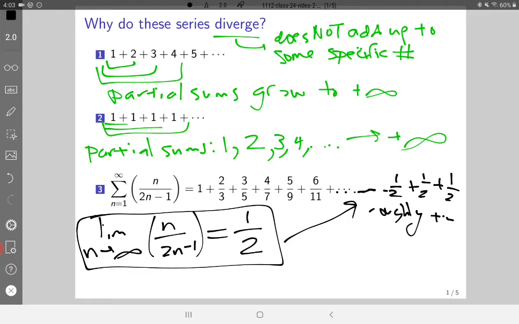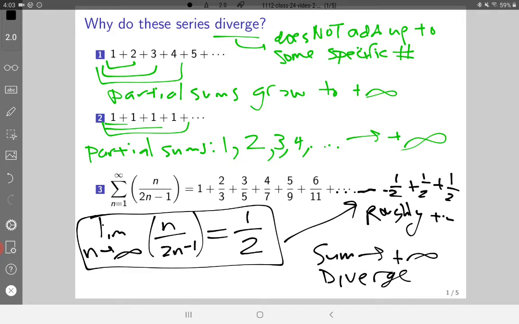Way down the line, this series is almost exactly like adding 1/2s forever and ever. And if adding 1s forever made the sum approach positive infinity, this is going to do that too. If I just keep adding 1/2 and 1/2 and 1/2 forever, the sum is going to diverge to positive infinity.